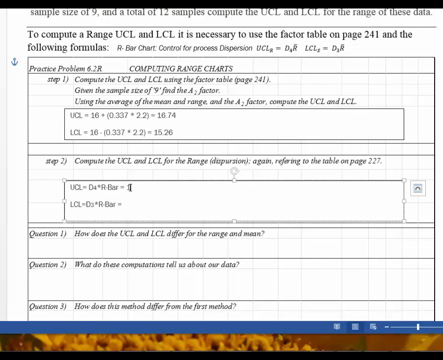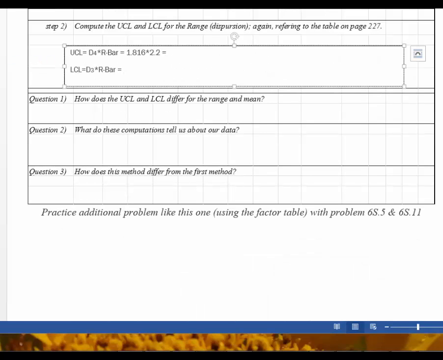So we have 1.816 times our R bar, which was 2.2. And then for the lower control limit, we have 0.184 times 2.2. So there you go. That's the upper and lower control limit for the range.